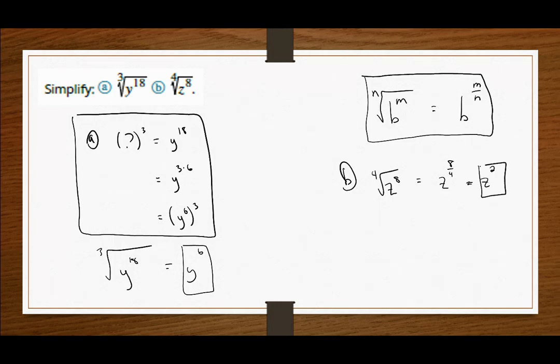And we would find just as well that the fourth root of z to the 8th must be z squared. So that works out really handily in some instances using exponents. Again, though, it's critical that your exponent is evenly divisible by the index. We'll talk about some situations where that's not the case in the next lecture.